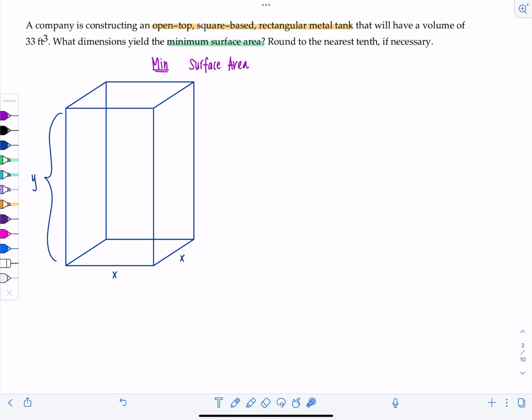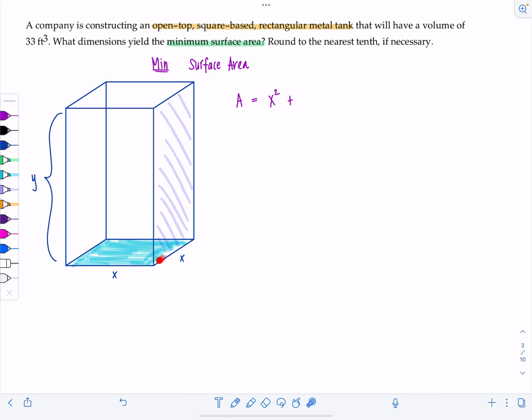Can we come up with a formula for the surface area? I think so. Yeah, we should be able to. I'll just call it area, okay? Let's see, how many surfaces are there? Well, there's the base. What's the area of this base? It's just a cute little square, right? So the area is going to be x times x, x squared. It's open, so we only have one x squared. And then let's see here, the sides. Here's a side. What's the area of that side?